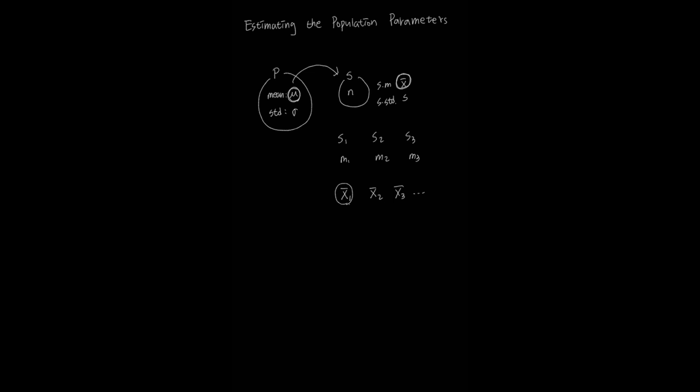Of course we wouldn't trust that, because next time if I pick one more sample and calculate the mean, the estimator would be different. So it's not constant at all. So there's not much we can do with one sample, because we know that it varies every time.